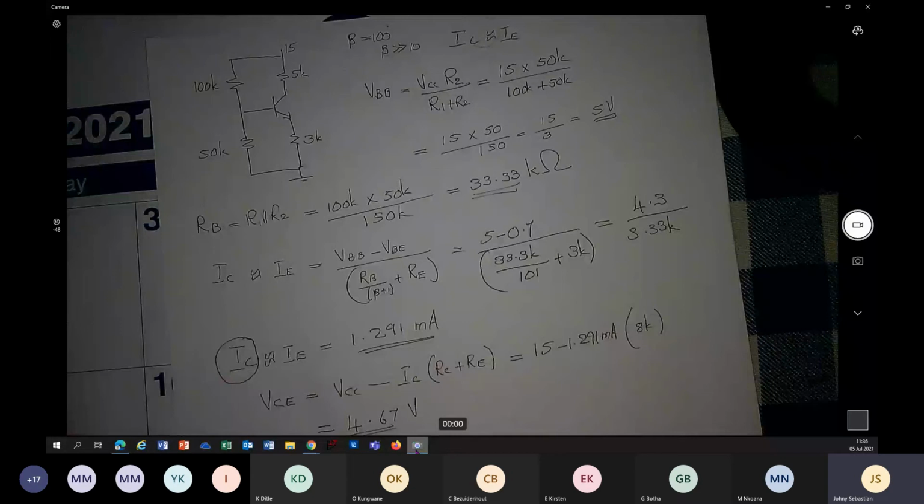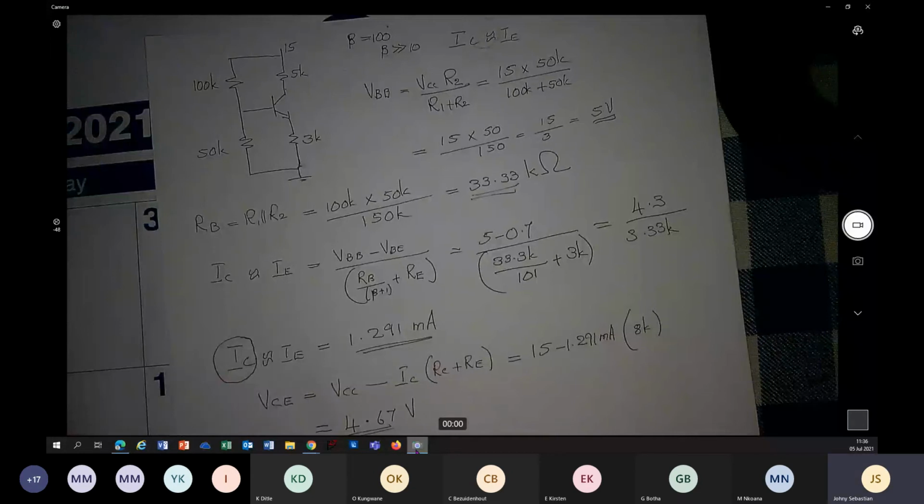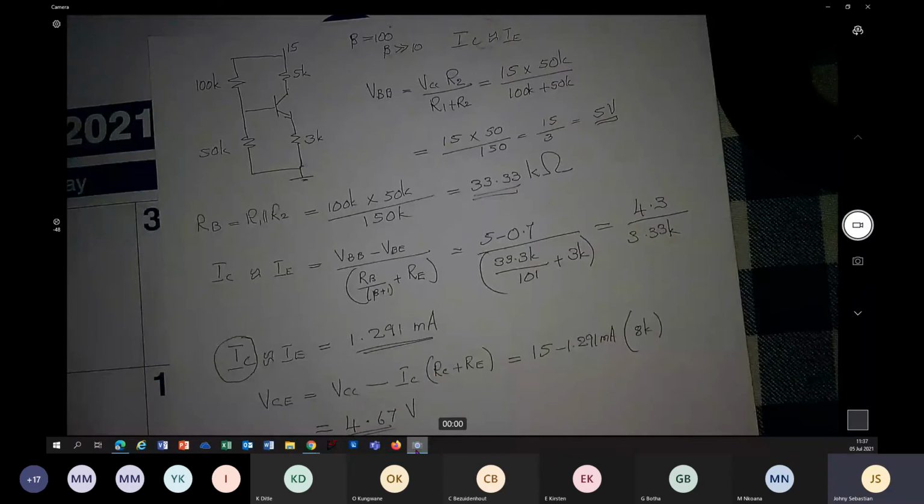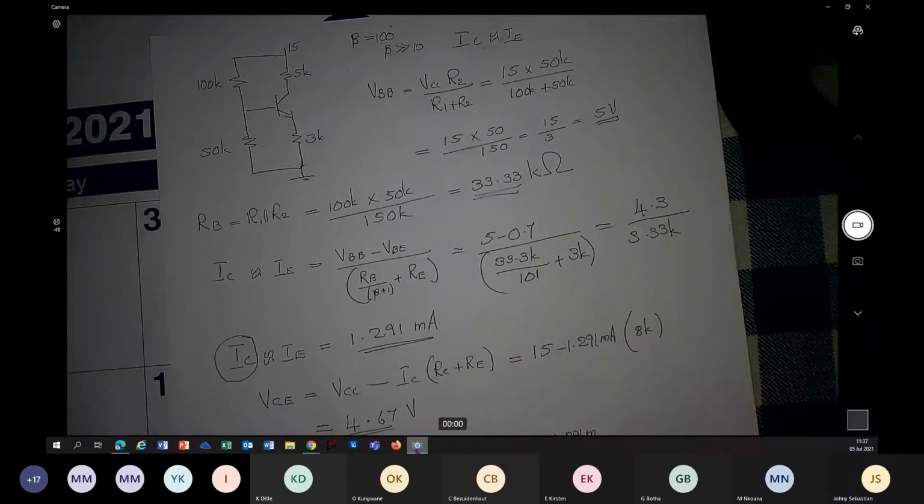Okay, let's go back in there. Let's find what is voltage at the collector. That is VCC minus IC times RC. I believe all of you will agree to that. That is 15 minus 1.291 milliampere times 5K.